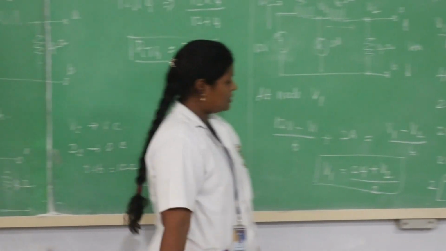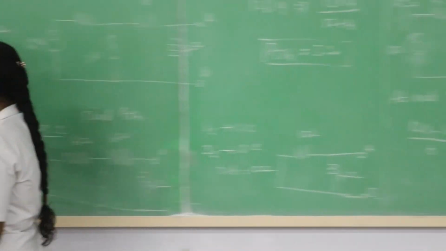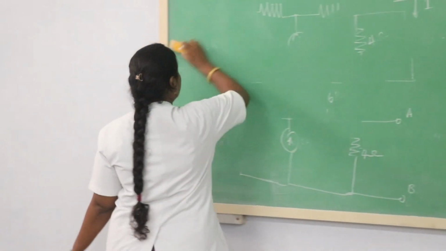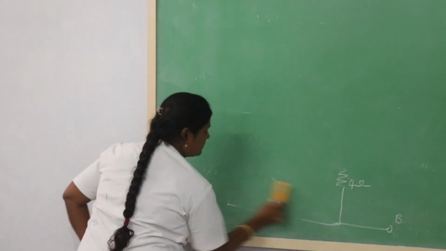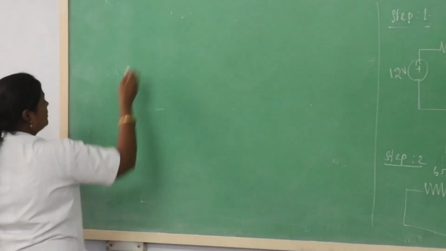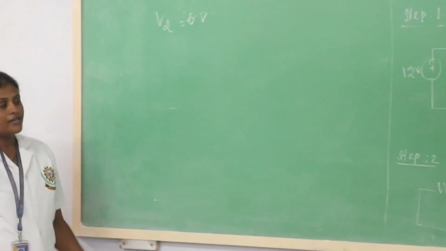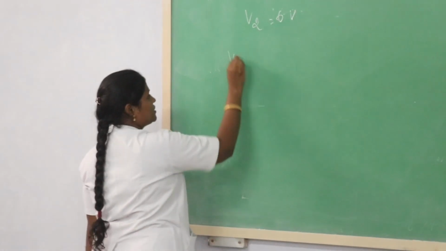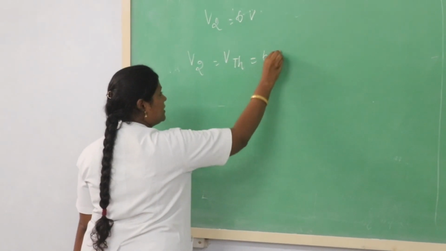While simplifying this equation, you will get the V2 value. The V2 value is 6 volt. Okay. So, this is the Thevenin voltage. So, V2 is equal to VTH is equal to 6 volt.